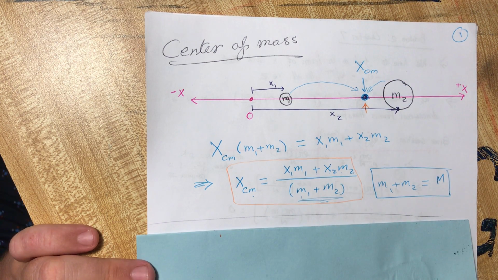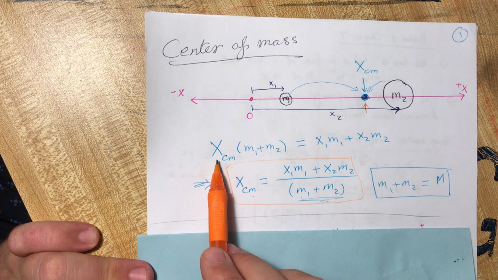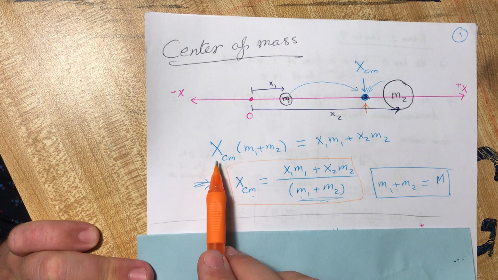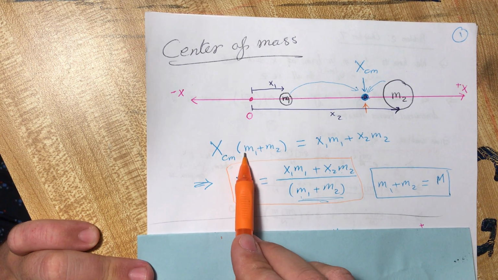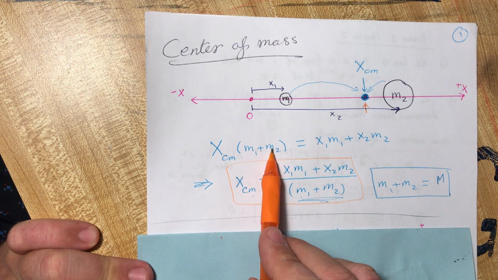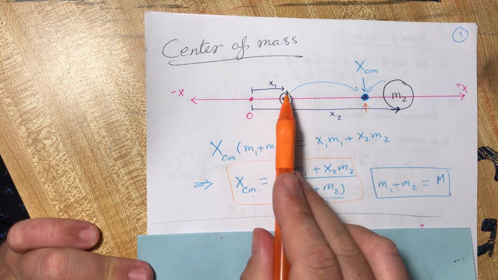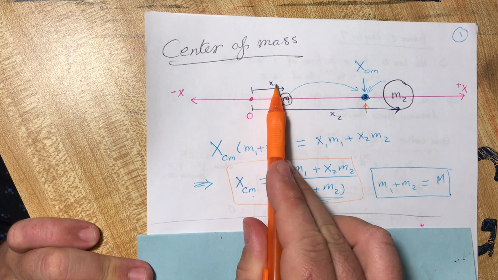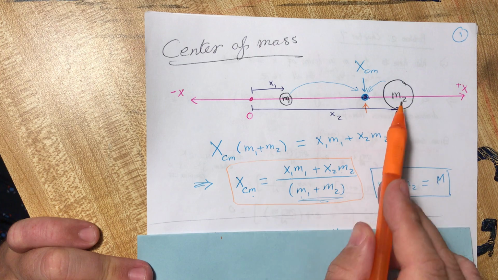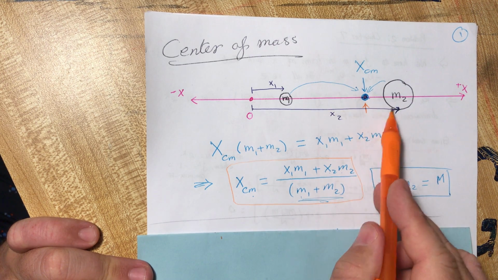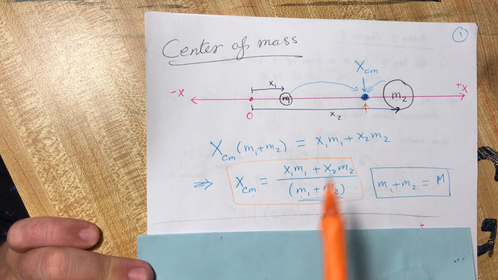Okay. Now, if we derive it in this way, x, the position for center of mass, x center of mass multiplied by the total mass m1 plus m2 is equal to m1 multiplied by its position x1, plus m2 multiplied by its position from the origin, x2.